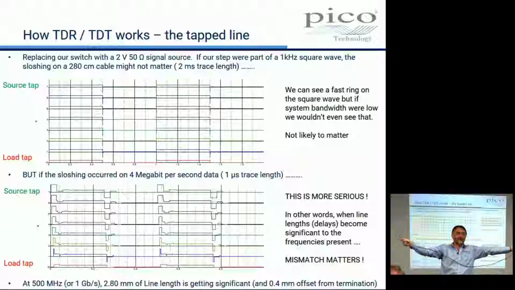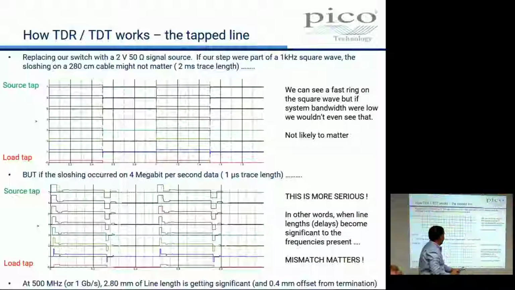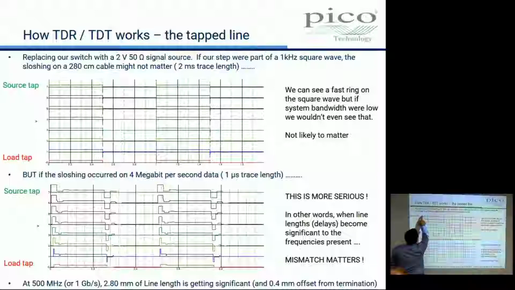And so a kilohertz is rather low frequency, isn't it? So this line length probably doesn't matter a great deal. But you can see I've got a kilohertz going in, I've got quite a clean waveform coming out, but all the way along the line I've got these high frequency spikes.